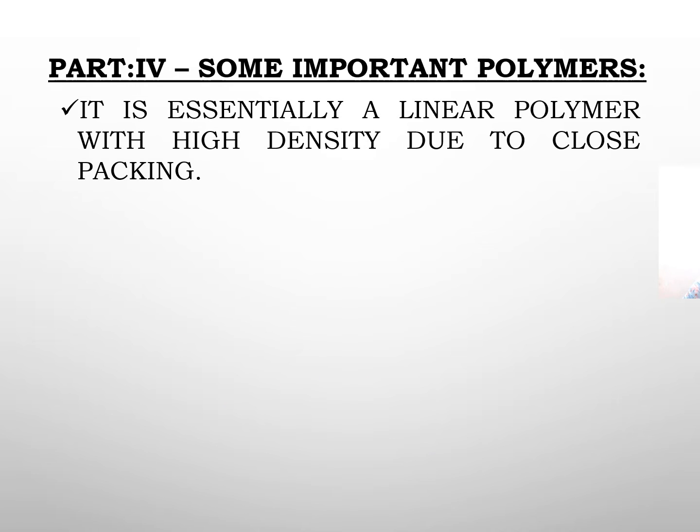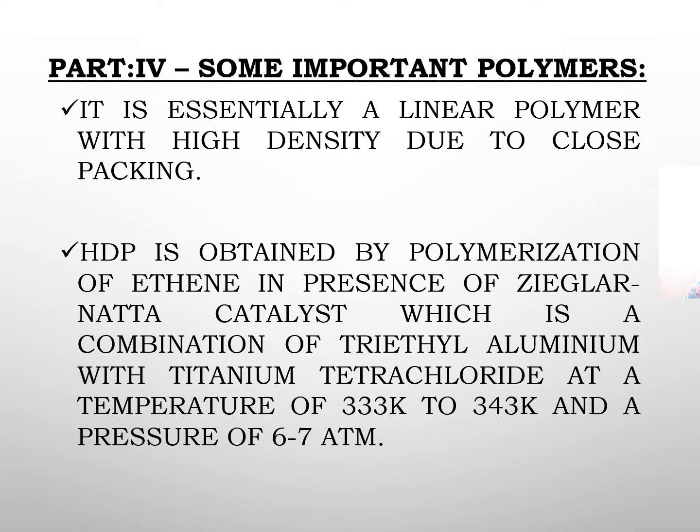Now it is essentially a linear polymer with high density due to close packing, and HDP is obtained by polymerization of ethene in the presence of the Ziegler-Natta catalyst, which is a combination of triethyl aluminium and titanium tetrachloride, at a temperature of 333 to 343 Kelvin and a pressure of 6 to 7 atmospheres.